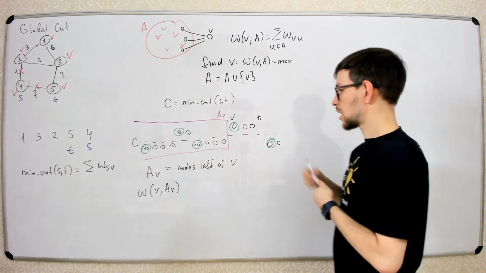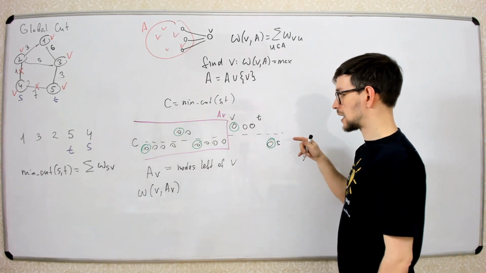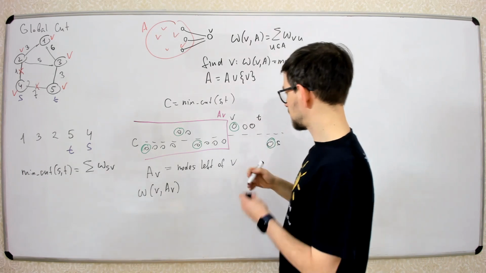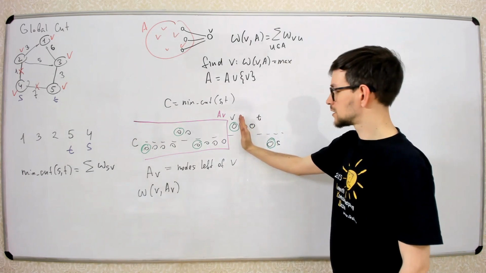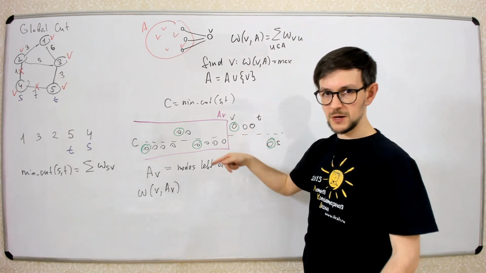Second thing, let's look at all the edges which belong to this part of the graph, including V, such that they belong to my minimal cut.